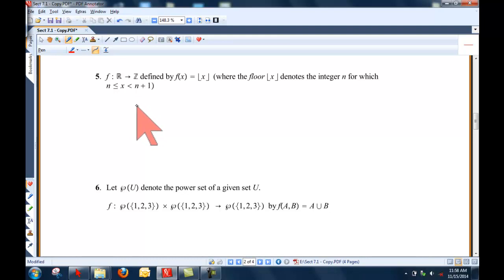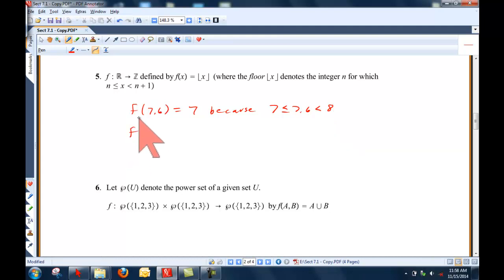So f of 7.6. I want an integer which satisfies this relationship for x equals 7.6. Answer, 7, because 7 is less than or equal to 7.6, which is less than 8.